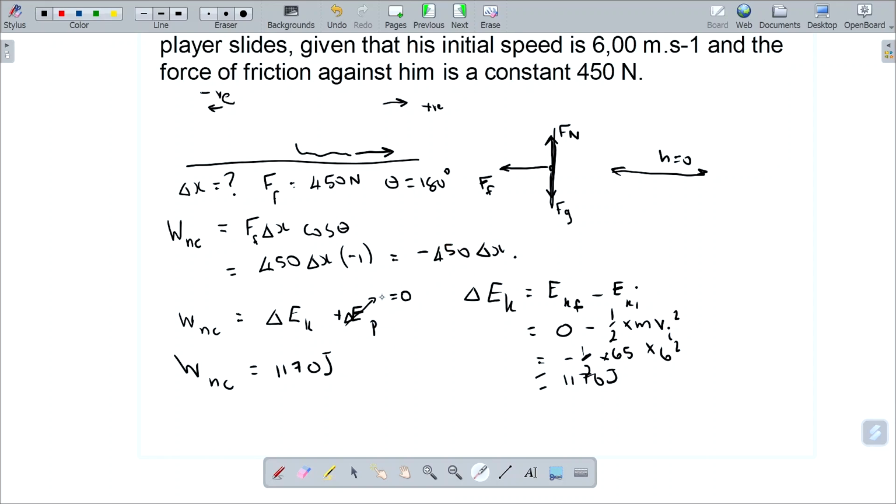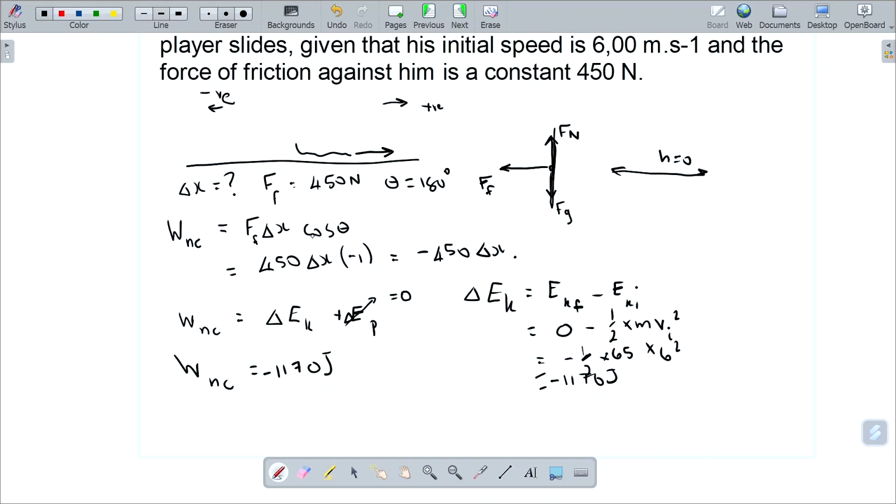In other words, we can now equate these two. Just remember that the kinetic energy change is a negative answer, because the final kinetic energy was 0. If we subtract the initial kinetic energy, we'll have a negative answer. So actually, the work done by the non-conservative force is minus 1,170 joules.